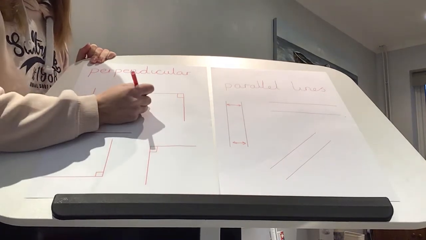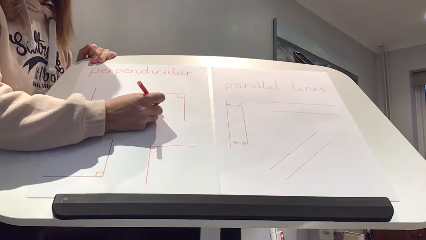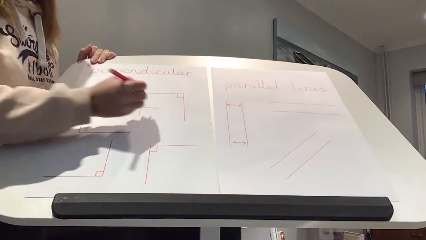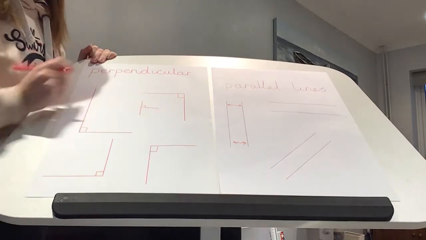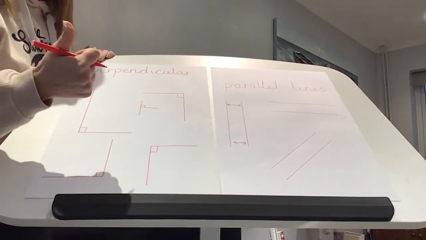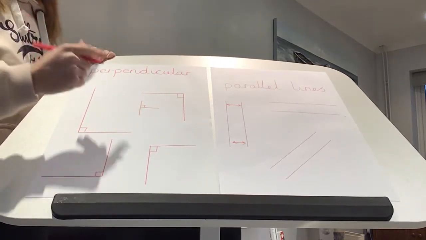It could be that one of the lines comes in the middle of the other. That's still perpendicular, because they are at right angles to each other. So there's the four words: vertical, horizontal, parallel and perpendicular.